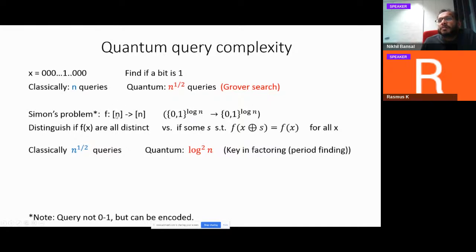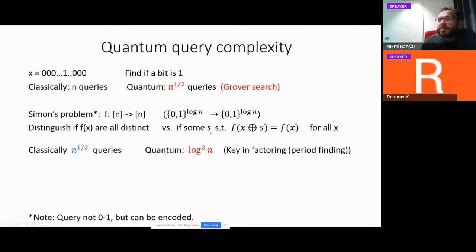So here the input is a function from n-bit numbers to n-bit numbers, right? So it's not from 0, 1, but we'll worry about that later. You are given the following promise: either this function is a permutation, so all the f(x) are distinct, so it maps each number to a distinct number, or there is some very specific pattern.